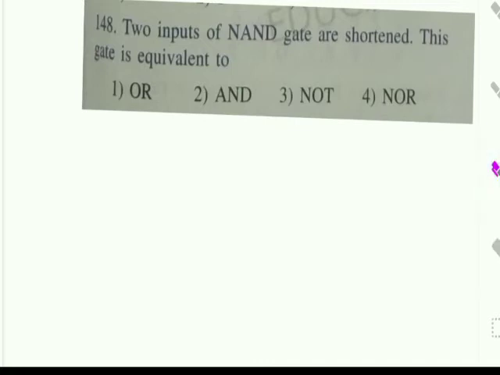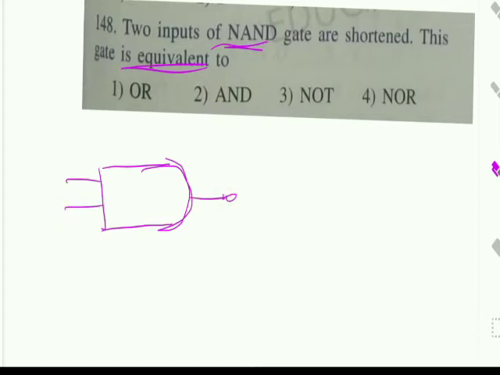Two inputs of a NAND gate are shorted. This gate is equal to what? NAND gate inputs are shorted. Okay, let us first see the AND gate truth table.